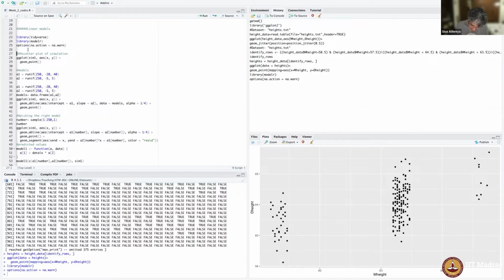Let me write this down. We'll try to work with a simulated data set from a package called modelr that I'll use.